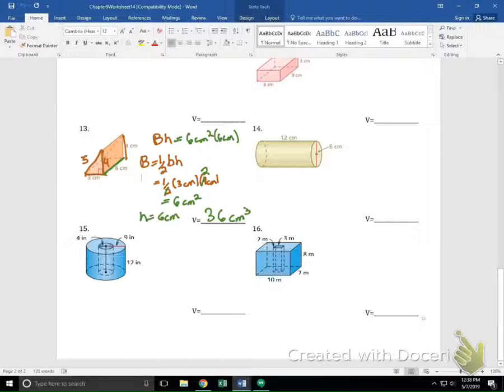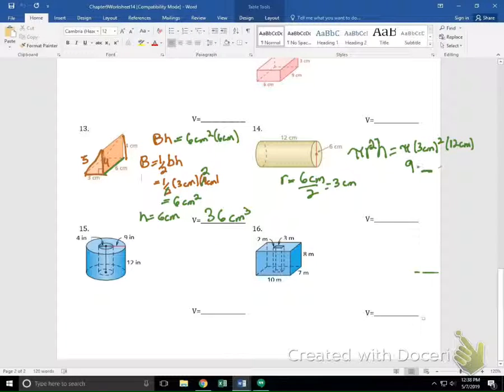And then we have a cylinder. So this again is volume of a cylinder, which is pi r squared h. You know your radius is going to be half of that 6, so divide by 2, which gives you 3 centimeters. So we now have pi times r, which is my 3 centimeters squared, times my h of 12 centimeters.